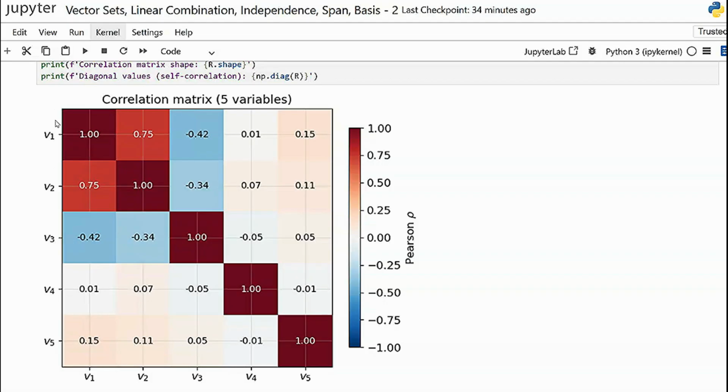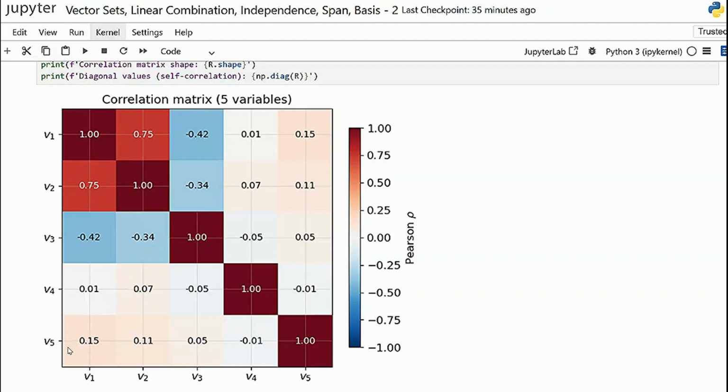The vectors v1 and v2 are positively correlated, at 0.75, because both load on the same latent factor z. And v3 is negatively correlated with v1 and v2, because it loads negatively on z. And v4 is nearly uncorrelated with everything, less than 0.07, because it is pure independent noise.